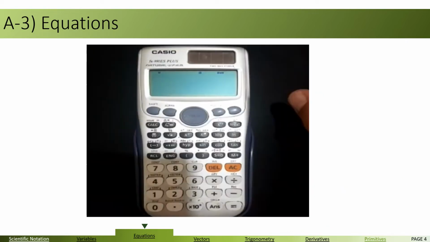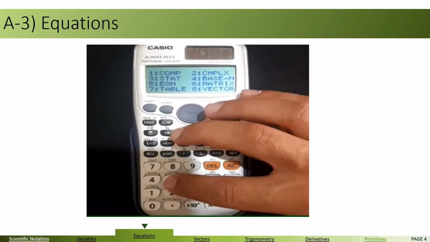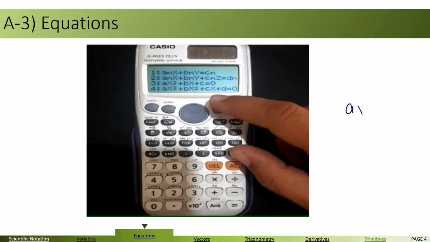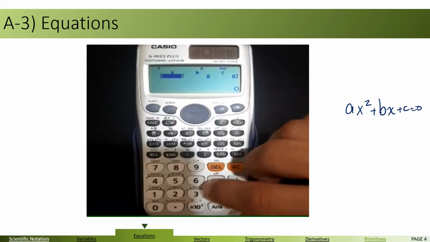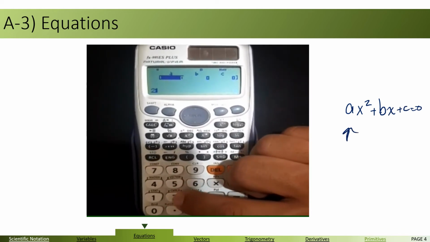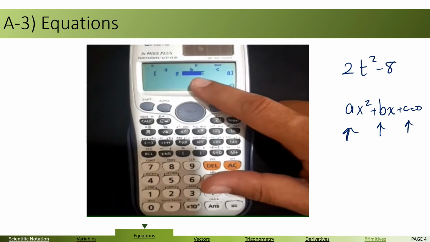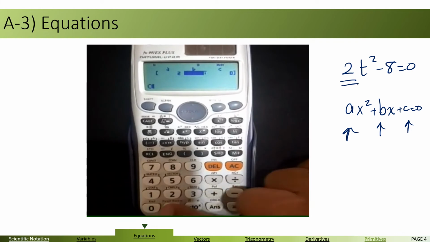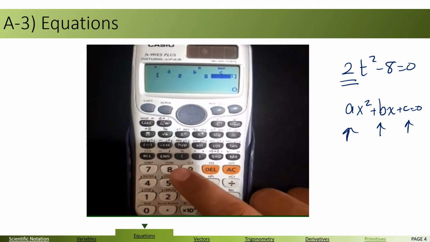Considering the calculator, let's turn it on. Then we can go to the mode in which we can find or search for the form ax squared plus bx plus c equals 0. Now we jot in the values of a, b, and c. In the previous equation, 2t squared minus 8 equal to 0, a is 2, b is 0, and c is negative 8.